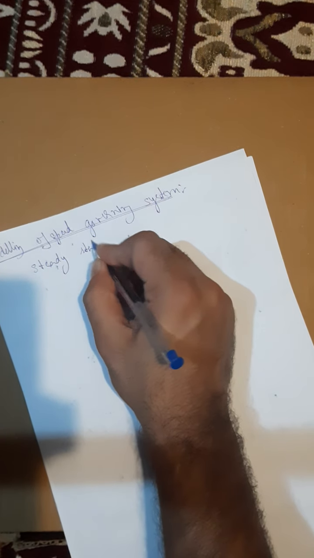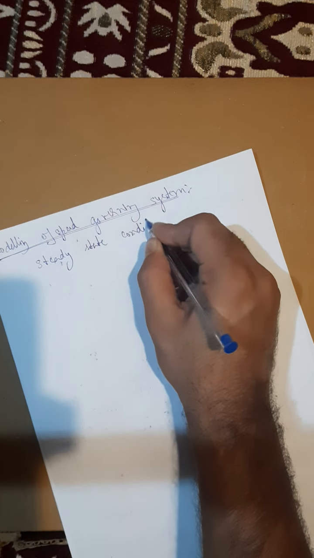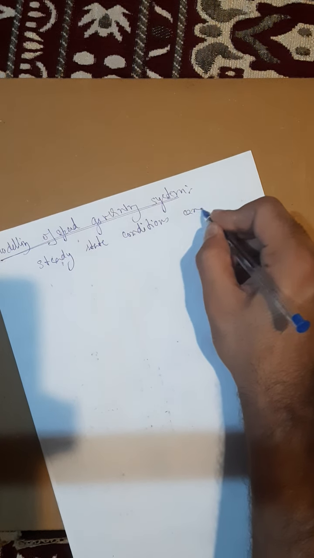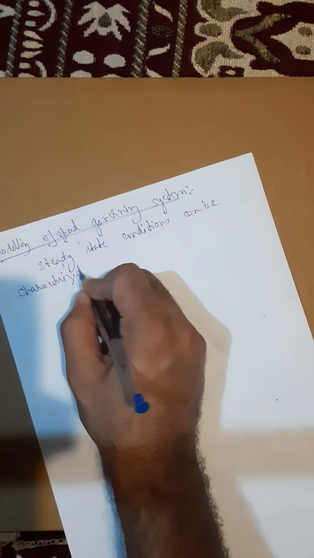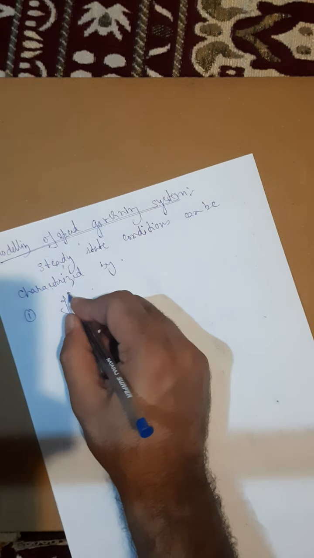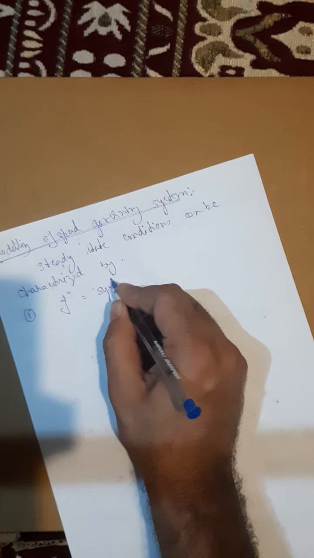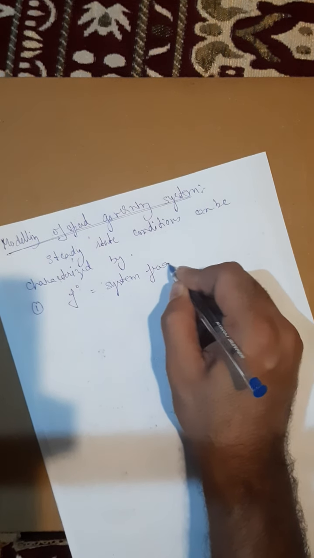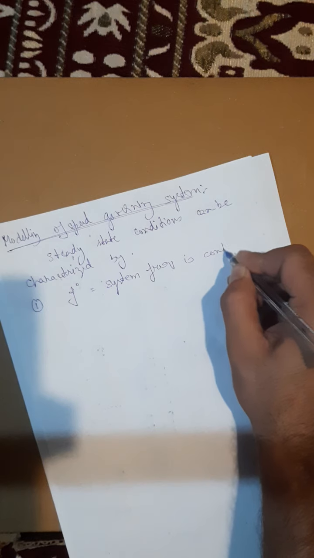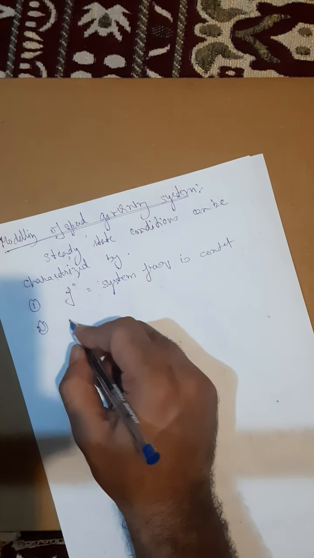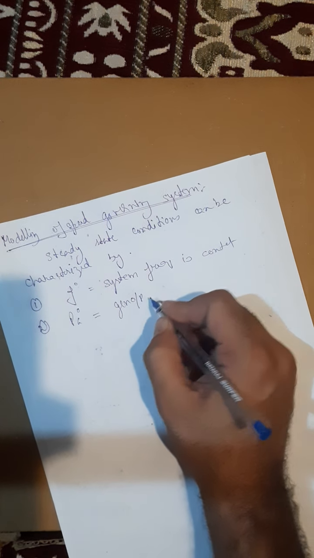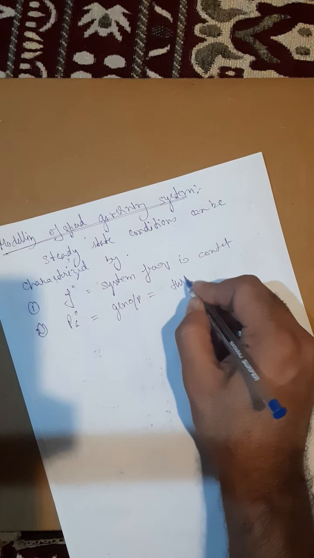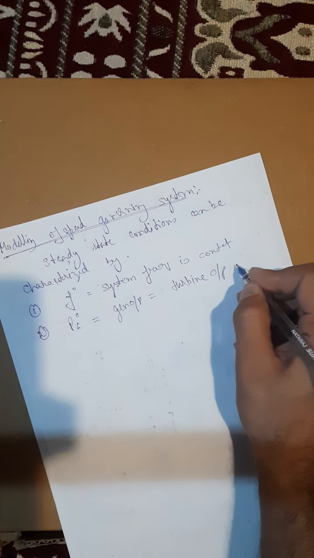Steady state conditions can be characterized by, number one, speed is constant, so F naught means system frequency is constant. Number two, PG naught, which is the generator output, equal to turbine output, which is equal to load.